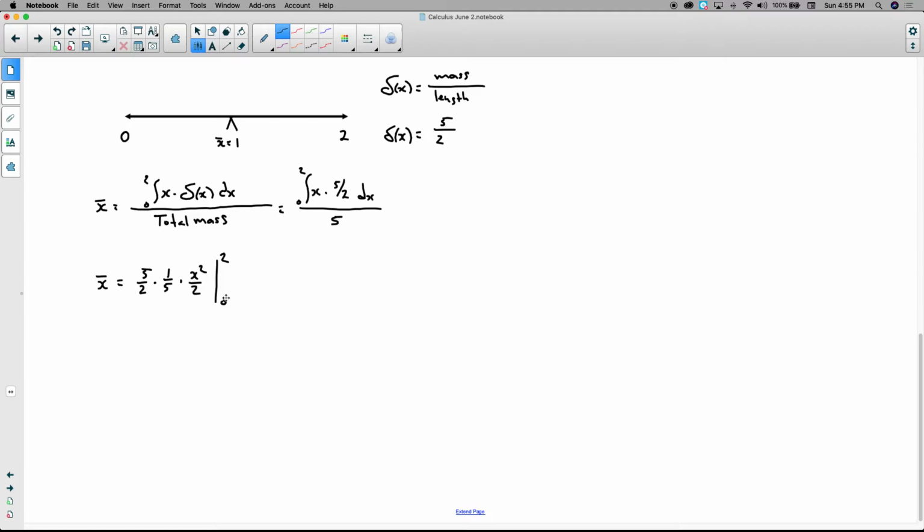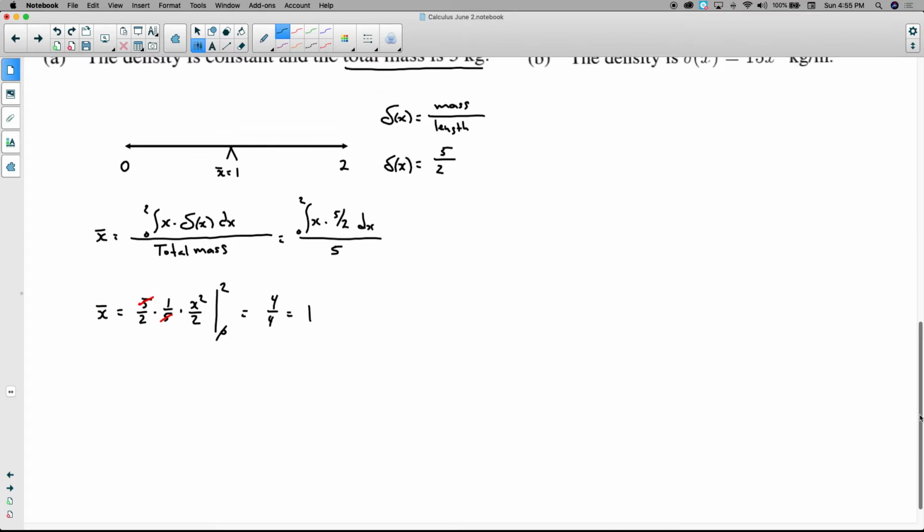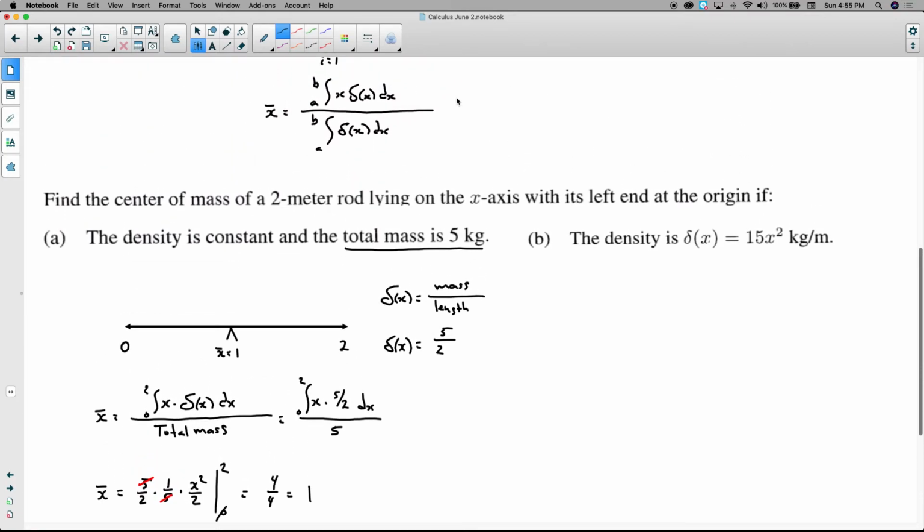Okay, so 0 gets zeroed out, and I can do a little bit of math over here. When I do all of that, I get 4 over 4, and it turned out to be 1, like we knew it was supposed to be. I want to come up here and modify this a little bit.